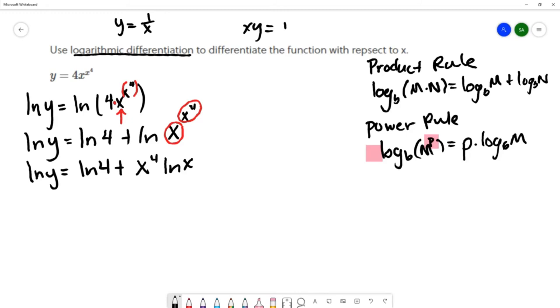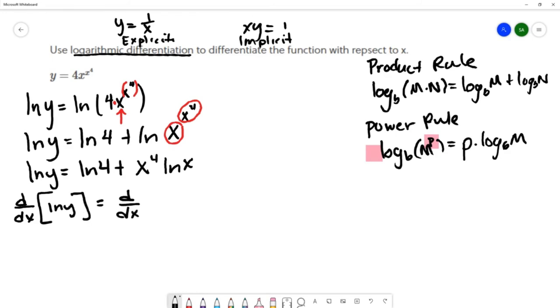So this is explicit, and this is implicit. So when we calculate the derivative, we have to calculate the derivative implicitly because our equation is written implicitly. So I'm going to calculate the derivative with respect to x on the left and calculate the derivative with respect to x on the right.